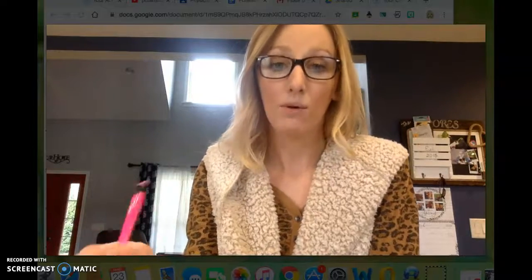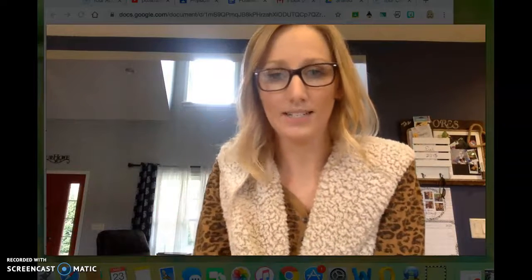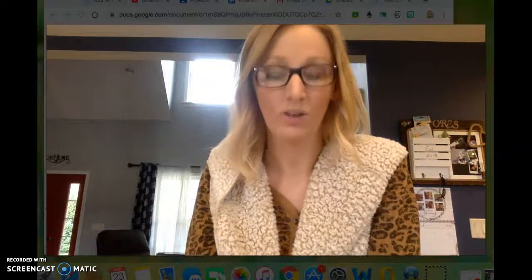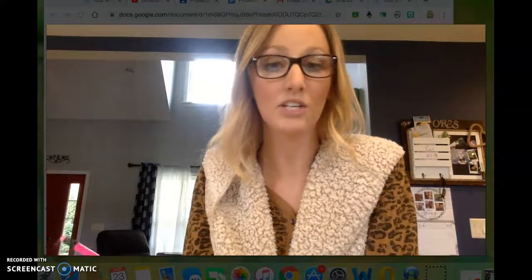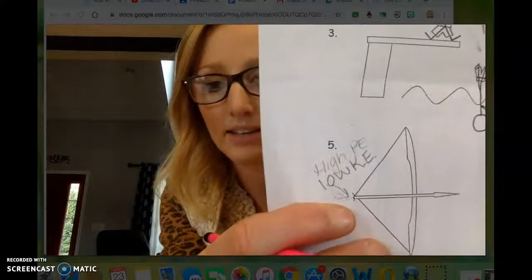Number 5. Looks like a bow and arrow of some type. Think about when you're holding that bow, it's not moving. You're holding it nice and steady, focusing it on the target. So when it is in that holding position, it's going to have a high potential energy. If there's a high potential energy, that also must mean there's a low kinetic energy.